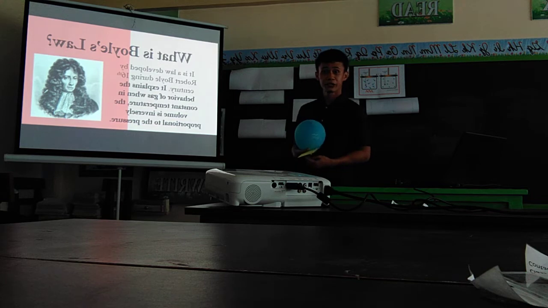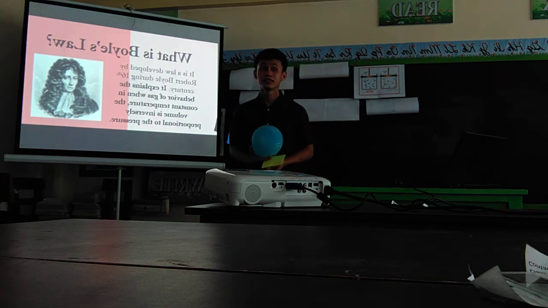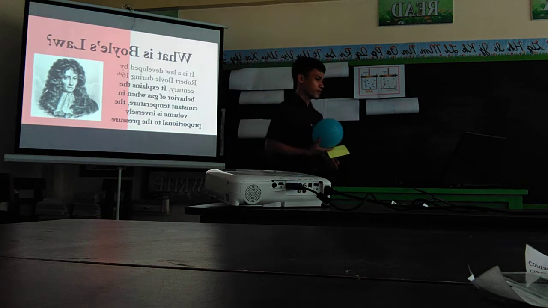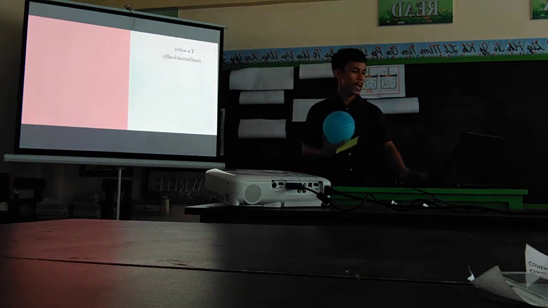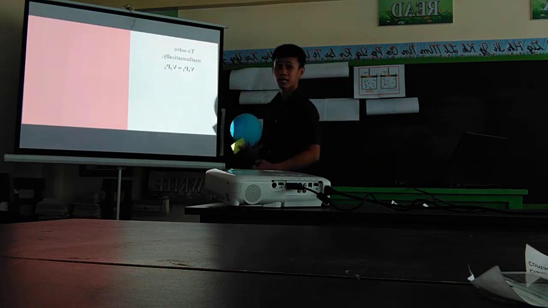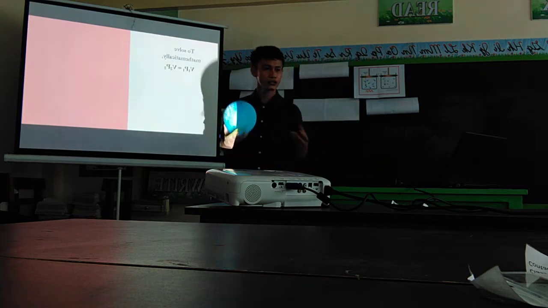Did I require you to install Notepad, digital Notepad? Okay, good. So to solve mathematically, V1 times P1 is equal to V2 times P2. So using your notepad, now get your cell phones or tablet, open your digital notepad, and answer the sample problem.